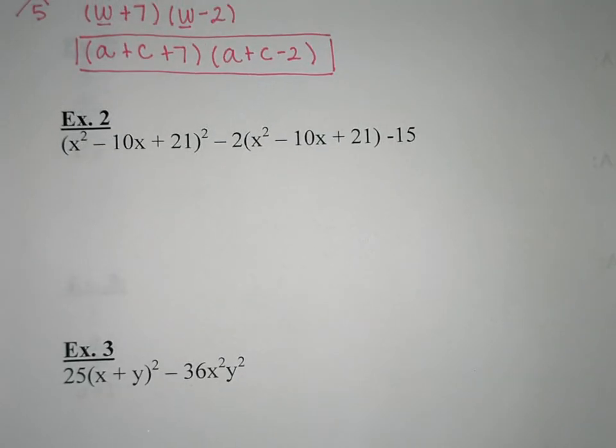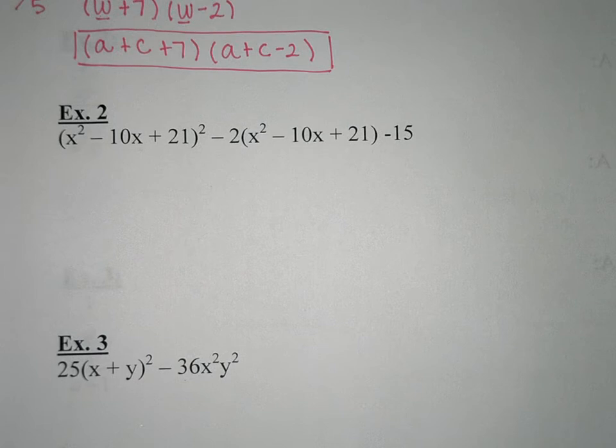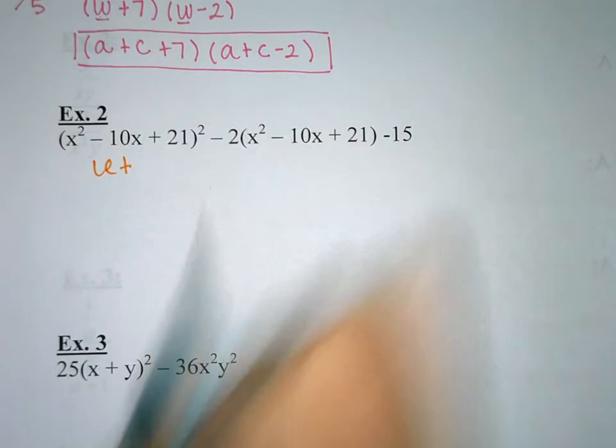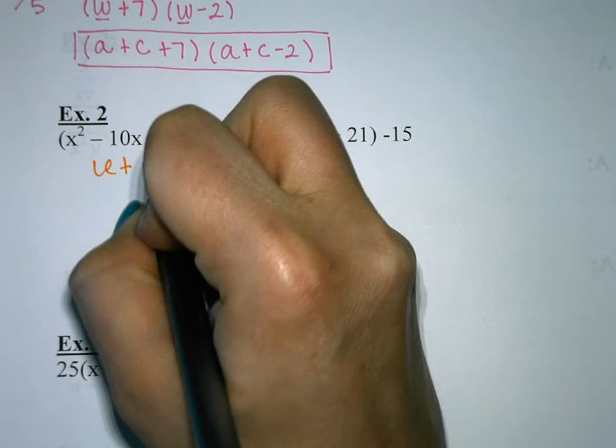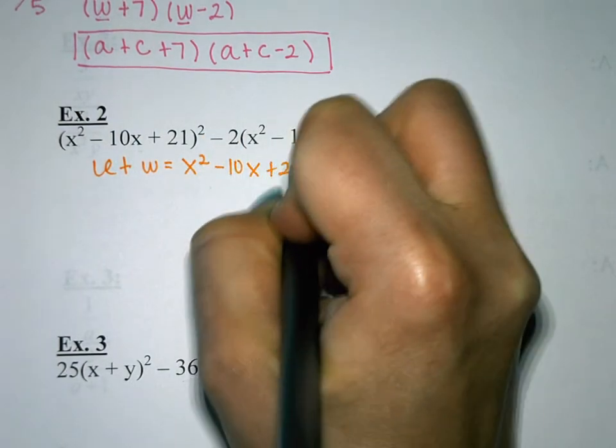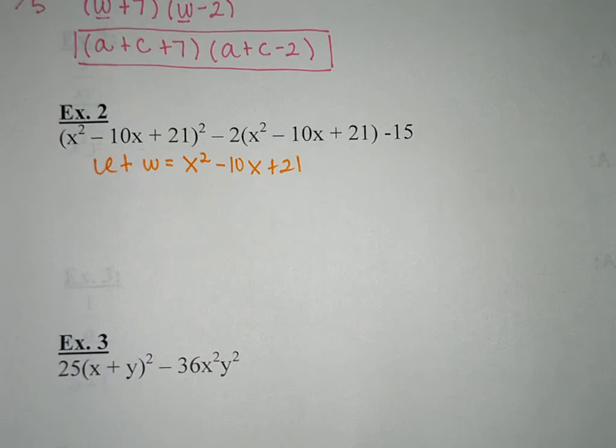Example 2, we have (x squared minus 10x plus 21) squared minus 2 times (x squared minus 10x plus 21) minus 15. So I'm going to use w again because that was easy. So let's let w equal x squared minus 10x plus 21 and substitute it in.